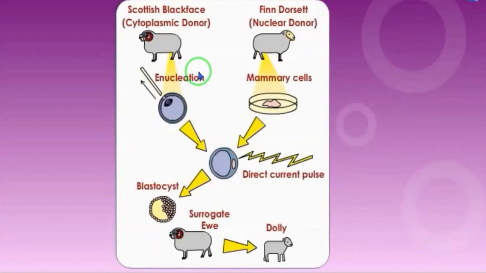So during the process of cloning Dolly, the scientists, we have already seen the scientists, selected the Scottish Blackface as well as the Finn Dorset sheep. From the Finn Dorset sheep, a cell was collected from the mammary gland of a female.